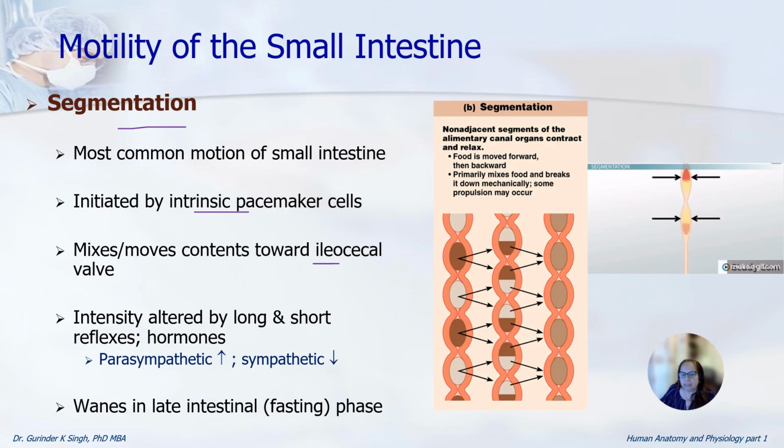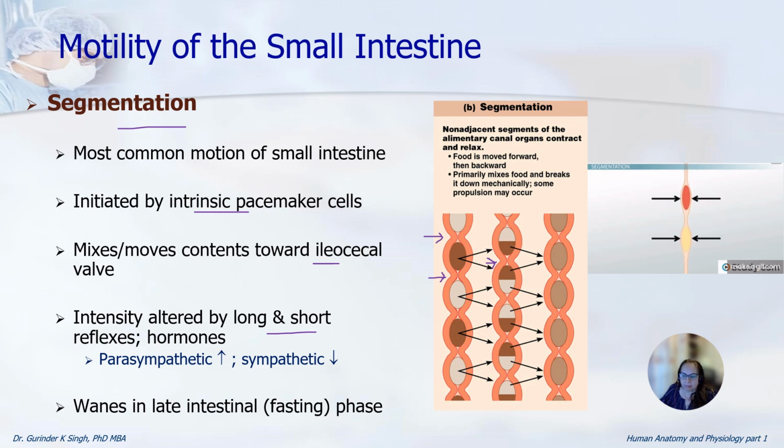If the contraction occurs here and here, then they actually mix, and then the contraction is going to be at a different place. So it takes a little bit upwards, a little bit downwards, and just keeps mixing it up. The intensity of these is also controlled by long and short reflexes, which we talked about in the other lecture.